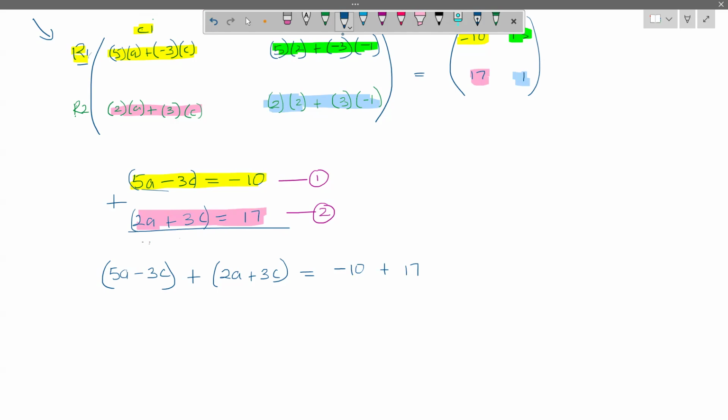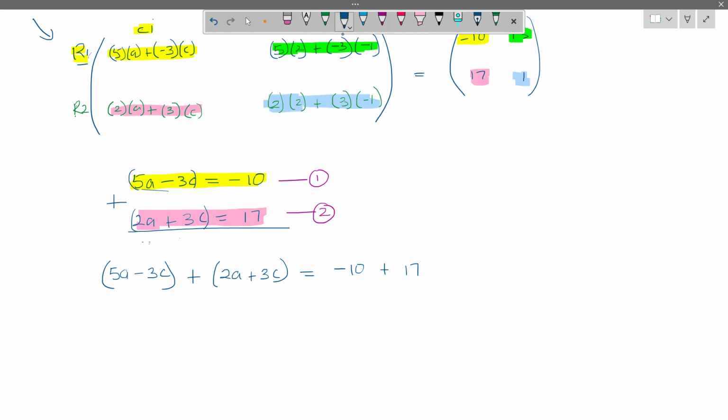So here, the 3 is the same, so I could eliminate C. That's the obvious or easiest one to eliminate. To determine how you're going to eliminate it, turn your attention to the sign in front of the number. If the signs on both of them are different, add the two equations together. If the signs are the same, subtract the two equations. So we add because our signs are different.